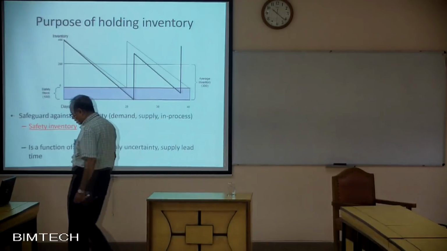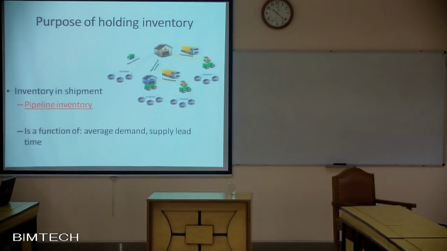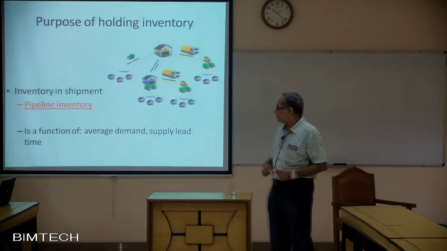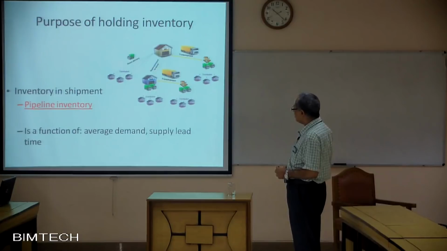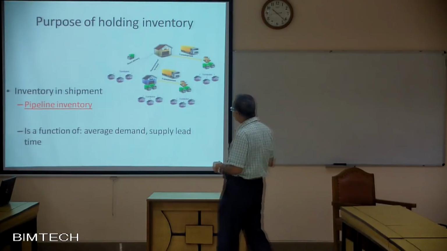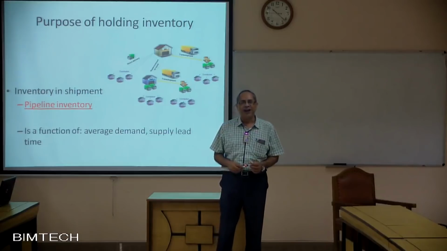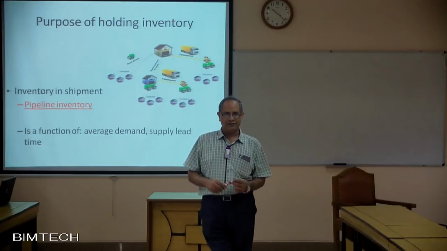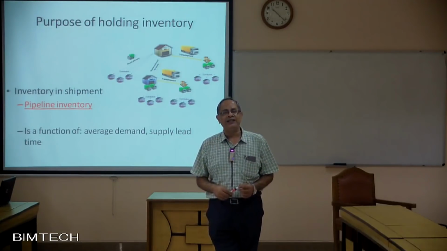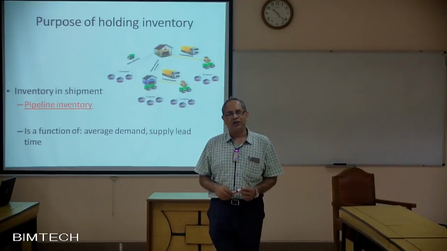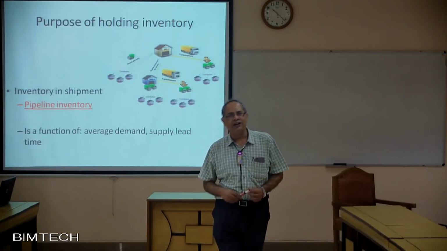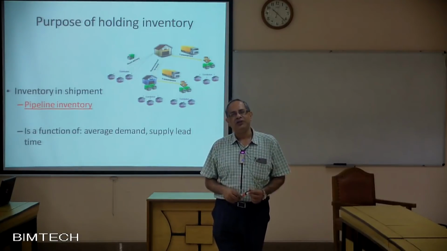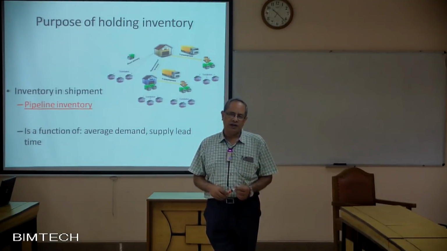Good. Now we come to the third kind of inventory, or the third reason why we carry inventory, and this is something that we just can't do anything about. This is what we call the inventory in shipment, which means that at any given point in time, there are goods which are traveling, they are in transit, and they are on the roads, or they are waiting somewhere to reach the point where they are required, and therefore, this is what we call the pipeline inventory.